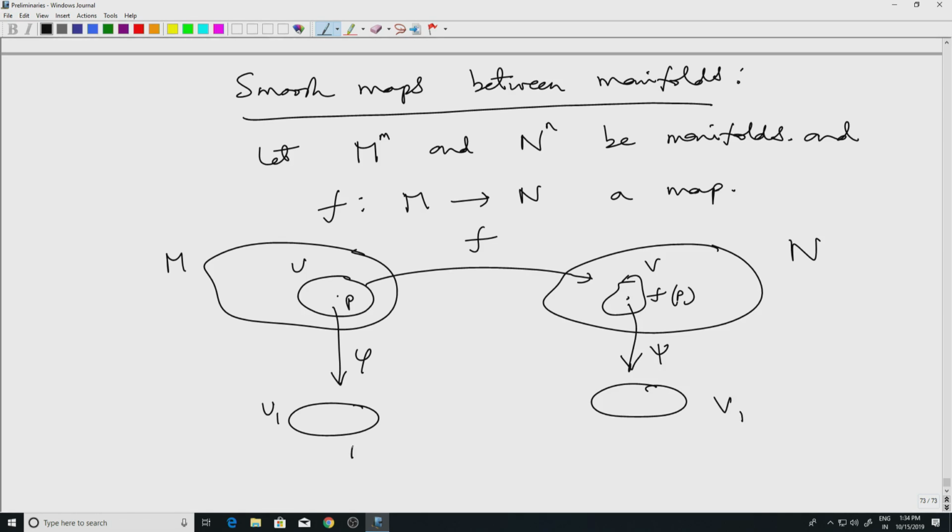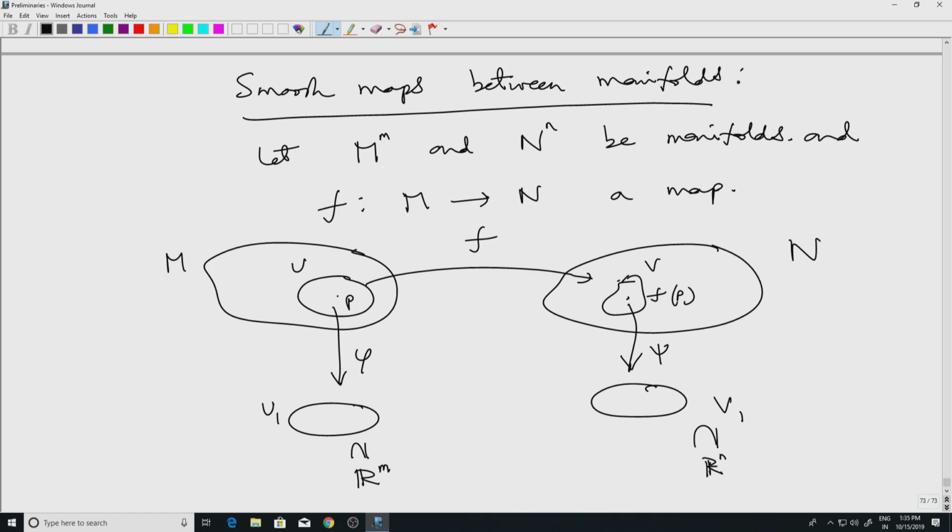This U1 is an open subset of Rm, and this is an open subset of Rn. Like I said, one would like to reduce to the case of a map between open subsets of Euclidean spaces, where one already has a notion of smoothness, and somehow use that to say something about F. So this picture provides a way of reducing to the case of open subsets of Rn.